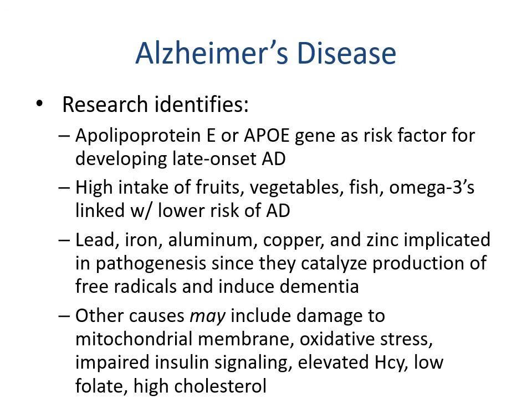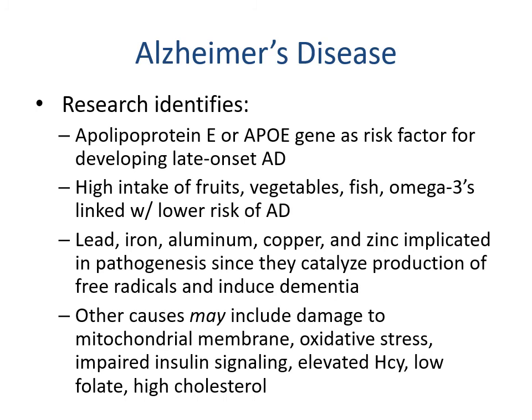So things that research has identified: the apolipoprotein E or ApoE gene as a risk factor for the development of late onset Alzheimer's. High intakes of fruit, vegetables, fish, and omega-3 are linked with a lower risk, that's a lifelong consumption. Lead, iron, aluminum, copper, and zinc are implicated in the pathogenesis, since they catalyze the production of free radicals and induce dementia.